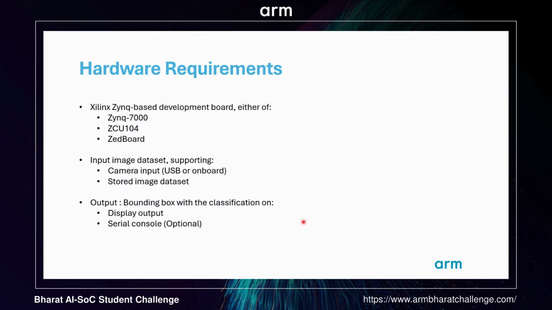For the camera input, you can use either a USB camera or an onboard camera if the board supports that. The output should be a bounding box with the classification on a display output. You can also add a serial console as an optional output. The display unit is a mandatory thing and the serial console can be an optional addition.